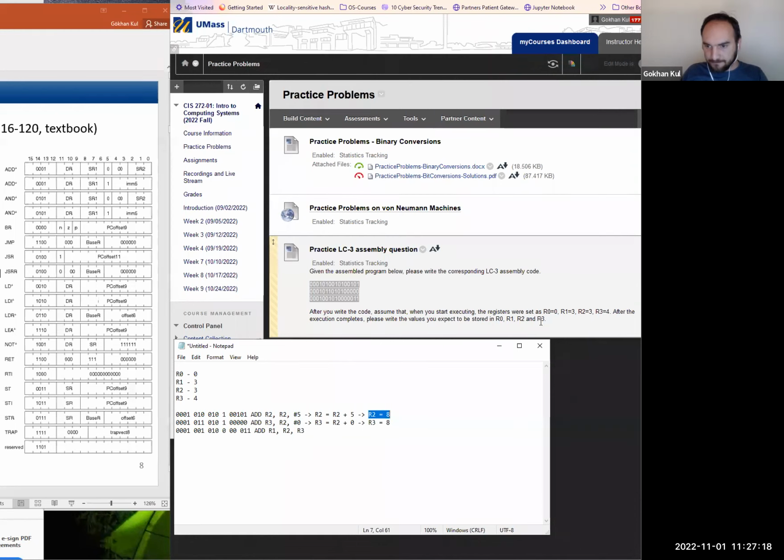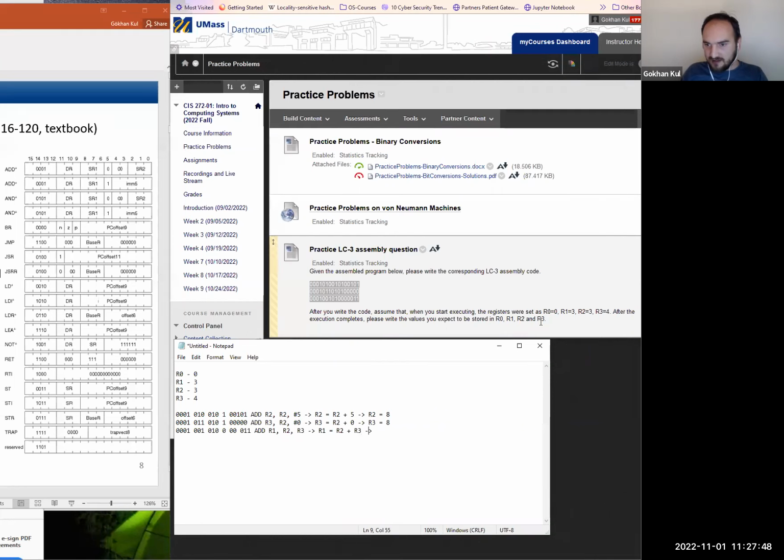In the next line, I'm adding R2 and R3 to each other and writing into R1. It doesn't matter what R1 was.